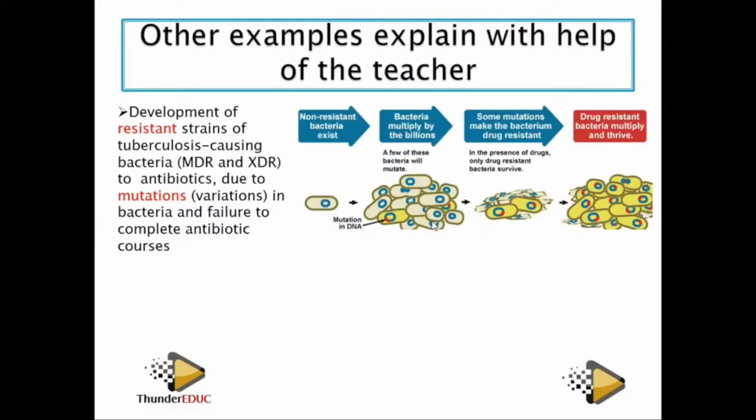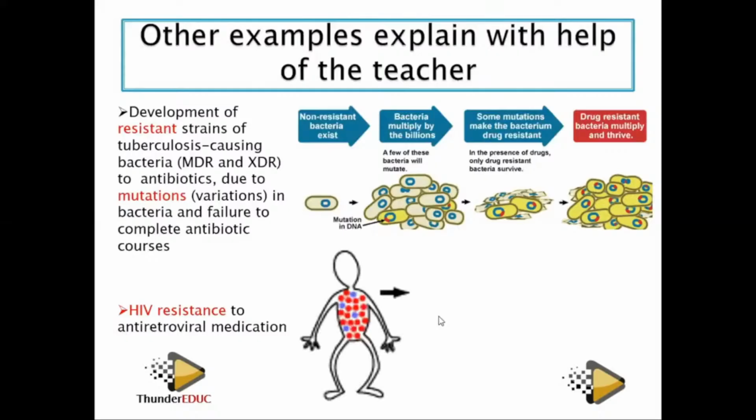Then another example is HIV resistance to antiretroviral medications, that is ARV. So you see that if this is the HIV, what happens? You have some resistant and some non-resistant.